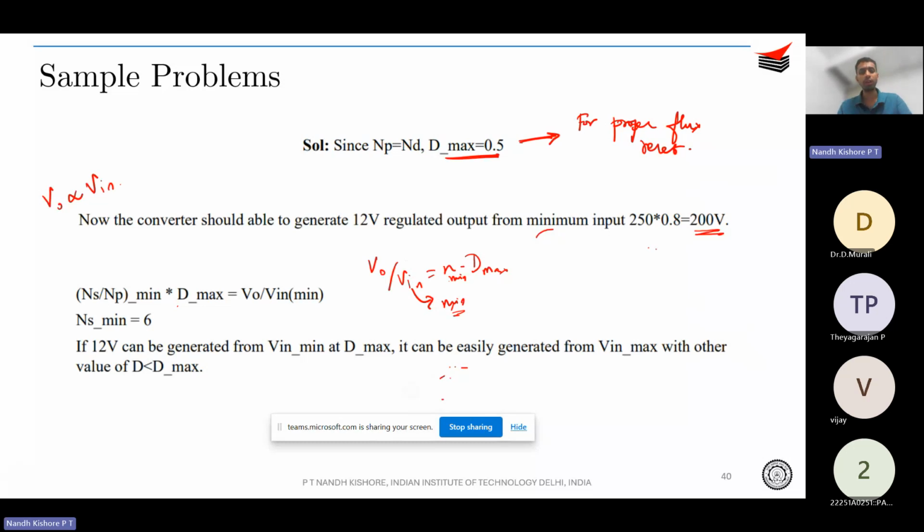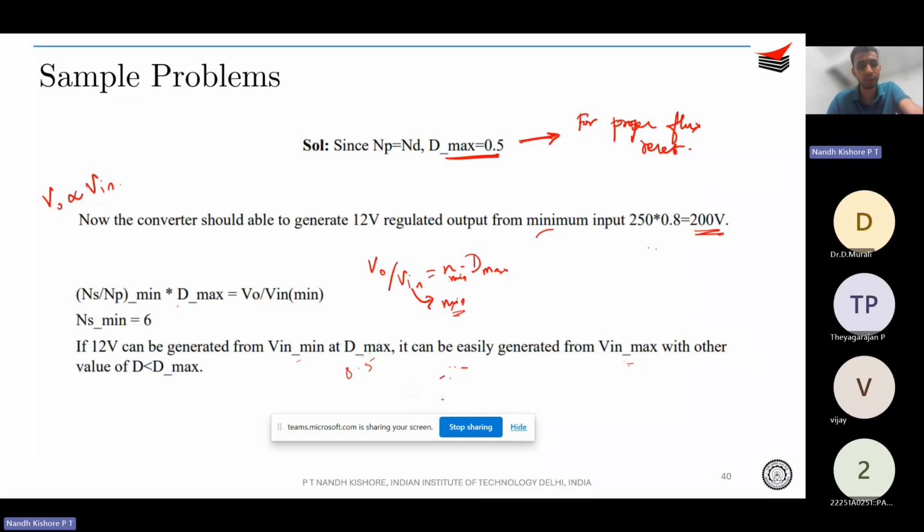If you are able to see that 12 volts is being generated from V in minimum at D maximum, that is at 0.5 duty, with minimal V in, obviously you will be able to generate 12 volts with other higher values of V in, correct?